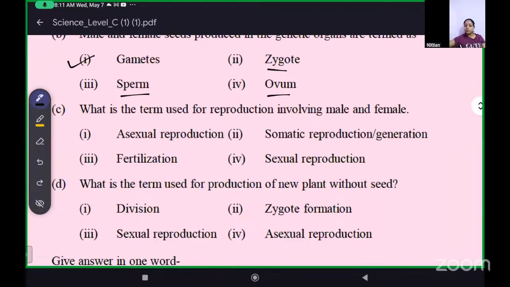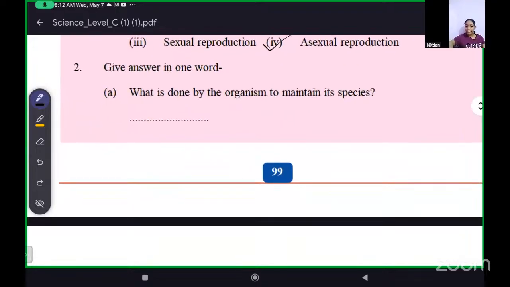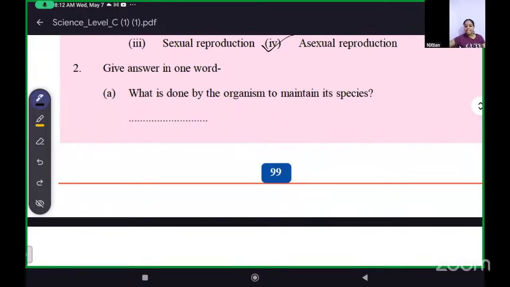Okay. Next one is for Emma. C1. What is the term used for reproduction involving male and female? Ma'am, sexual reproduction? Yes, sexual reproduction. Good. Abraham, D1. What is the term used for production of new plant without seed? Asexual. Yes, asexual reproduction. Then we have answer in one word. Emma, what is done by the organism to maintain its species?